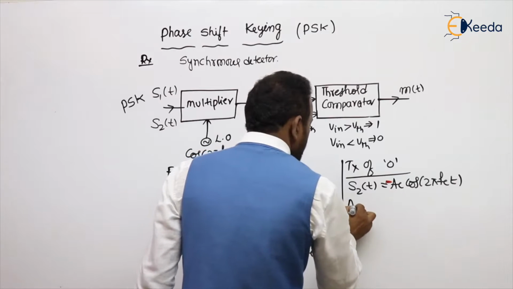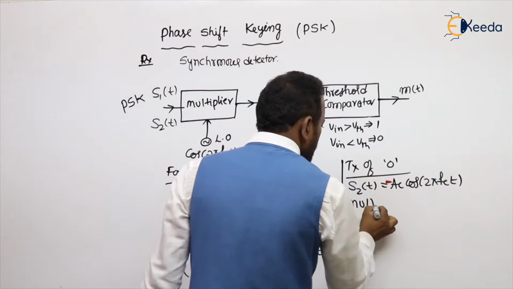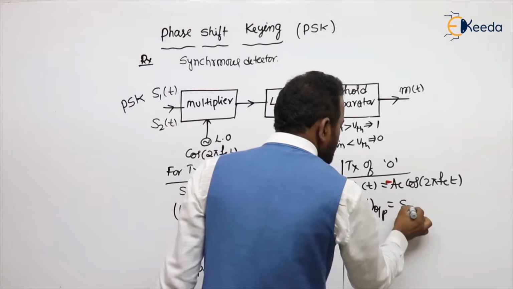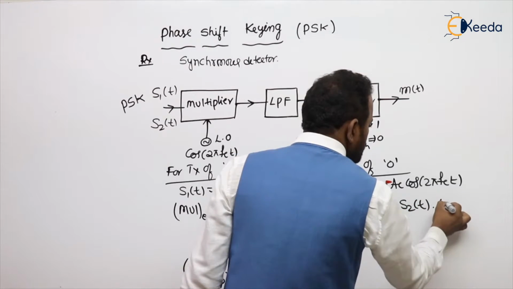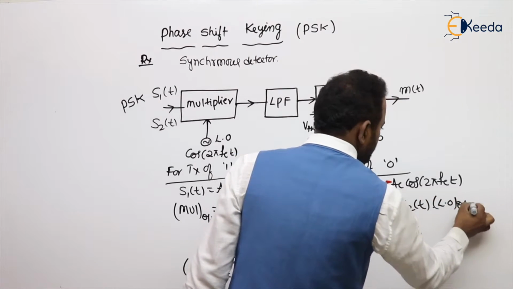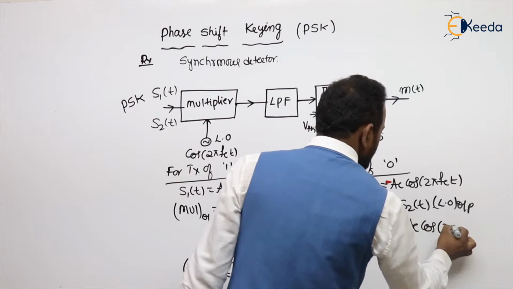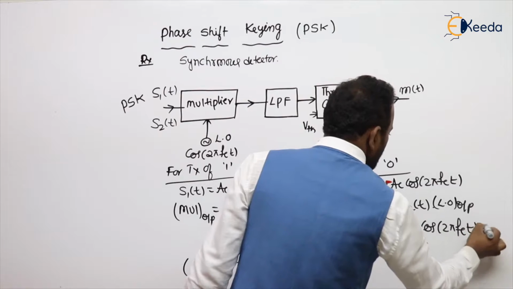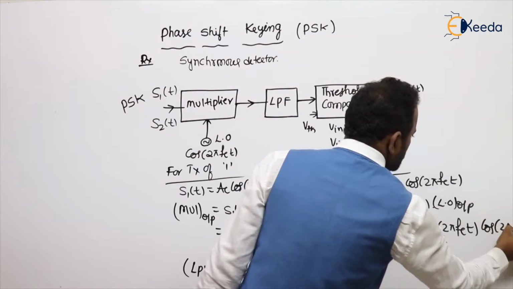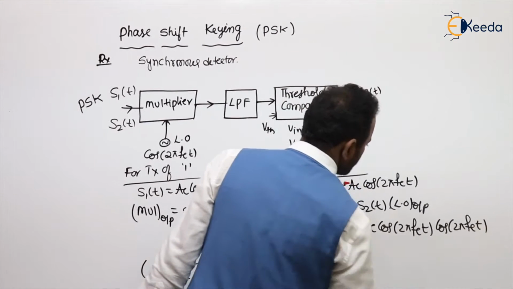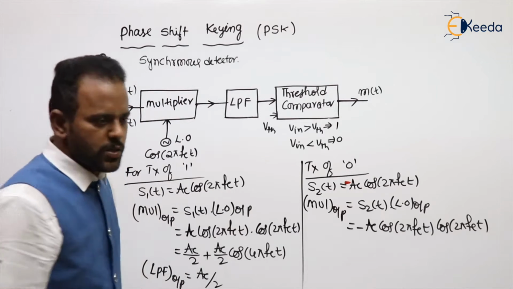Now what is the multiplier output here? One input of the multiplier in this case is S2, which is minus AC cos 2 pi FCT, and the other is from the local oscillator, also cos 2 pi FCT. Cos into cos, cos square.